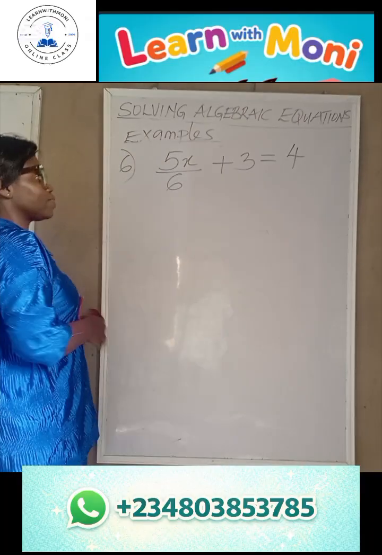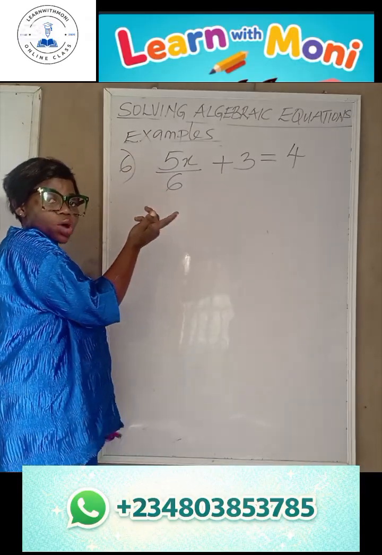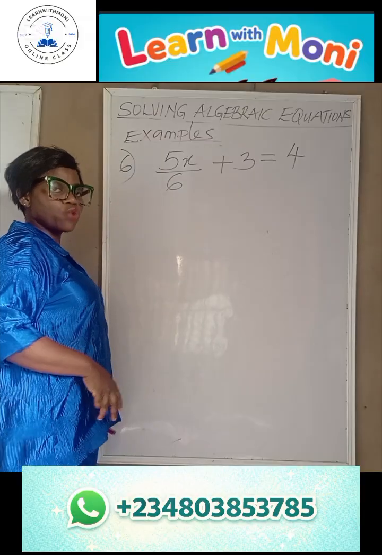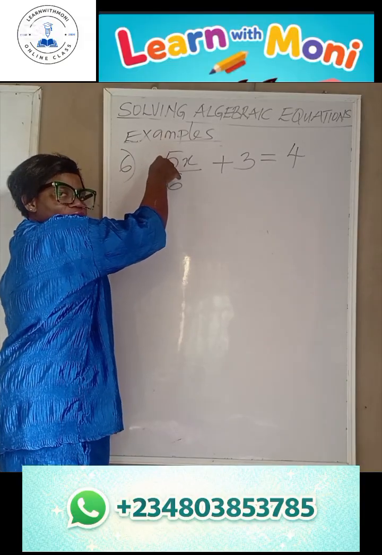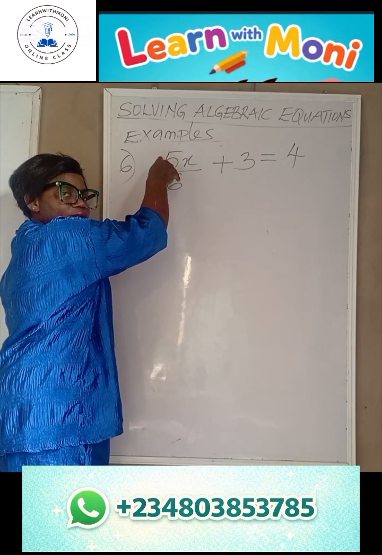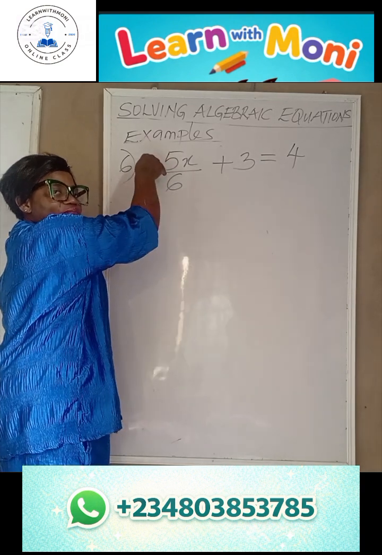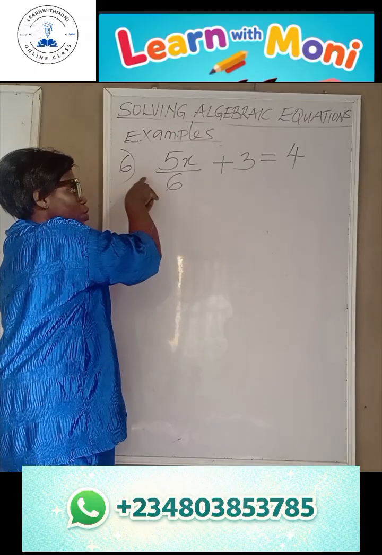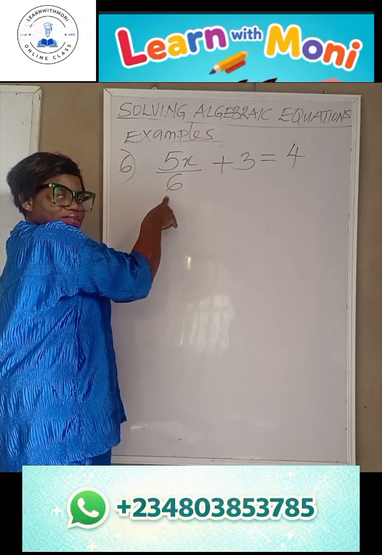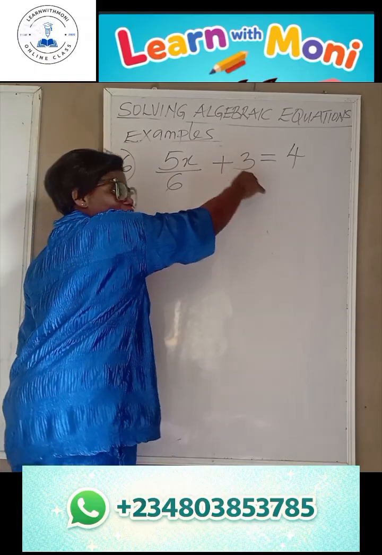So look at this case. The way I read the question is the way I'm going to start solving. This is 5x. You can see that the x is the closest as we read. The 5 is the closest to x. 5x followed by divided by 6, then plus 3.